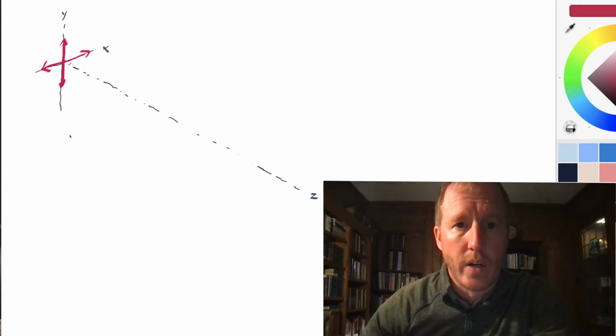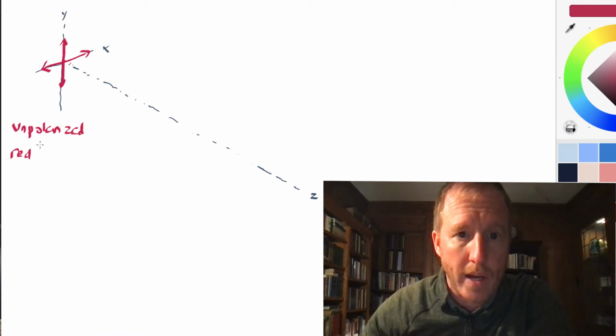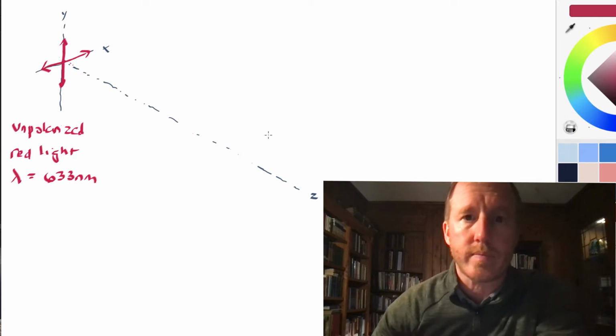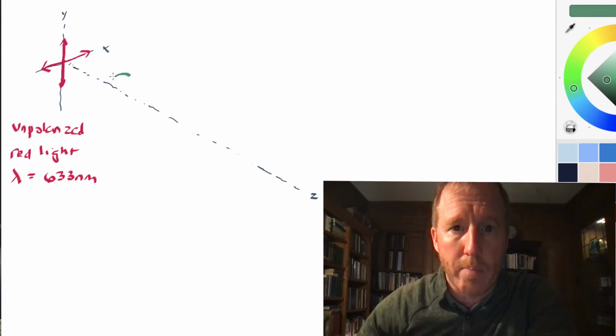Okay, now this light, to be specific, let's say this is unpolarized, which is what I just mentioned, and let's suppose that it is monochromatic red light with a wavelength of, let's say, 633 nanometers. And now let's imagine that it strikes a polarizing filter.